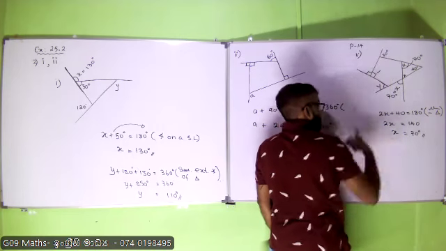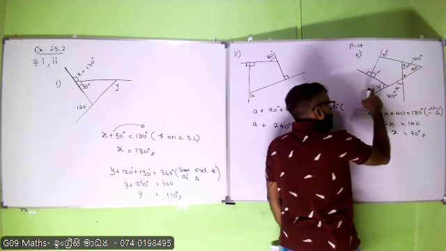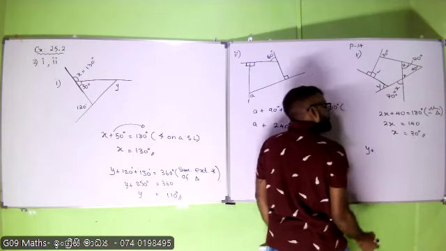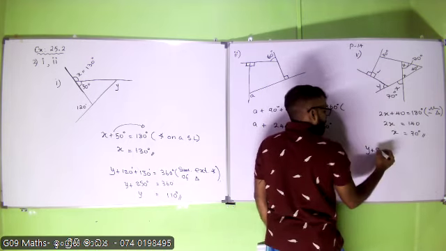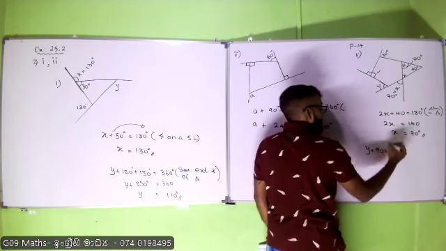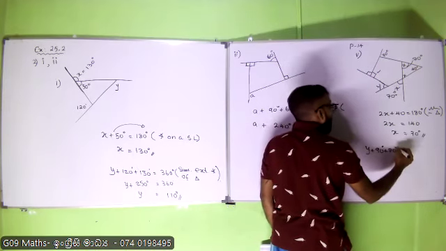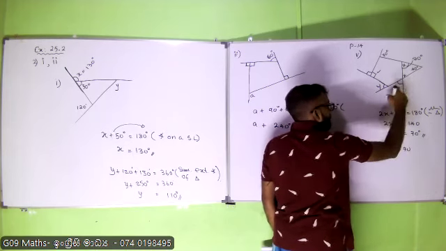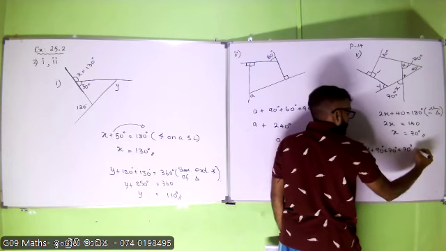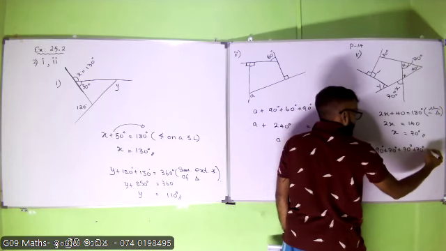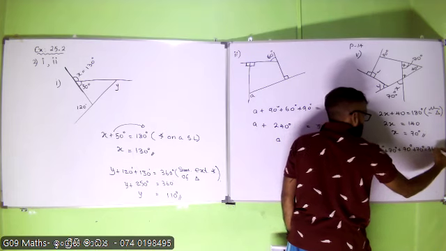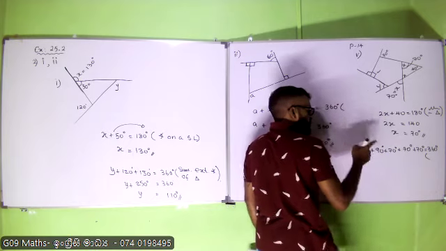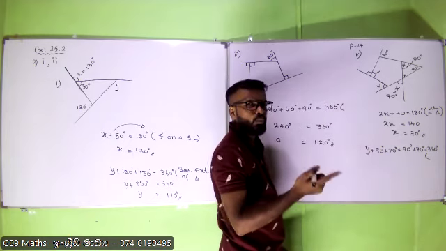So this is a pentagon, and now you have to find y. So I will begin from y. y plus 90 plus 70 degrees plus again 70 degrees, again 70 degrees equals 360 degrees. Reason: summation of exterior angles of a pentagon or polygon.